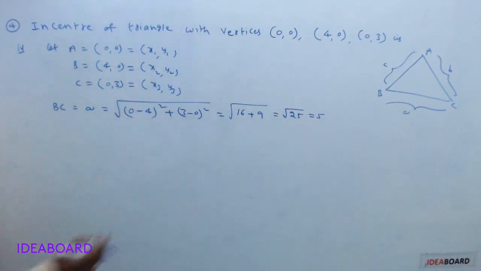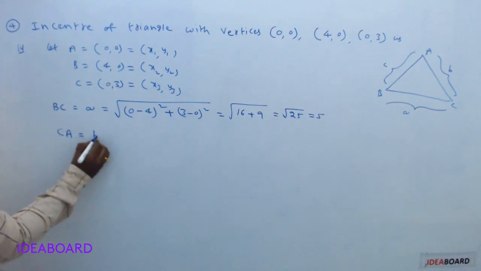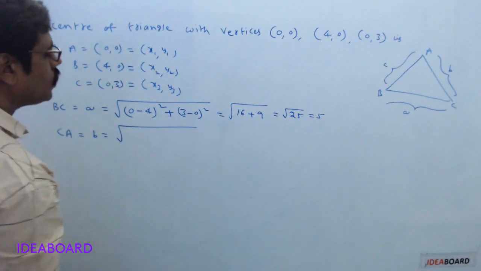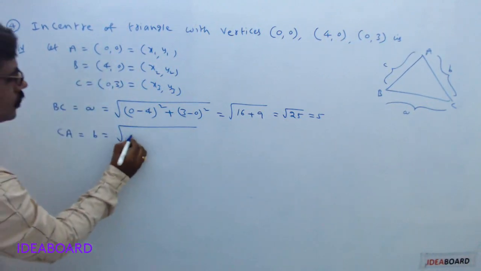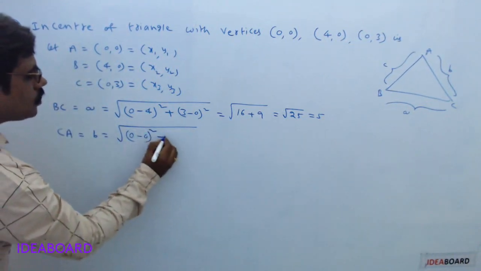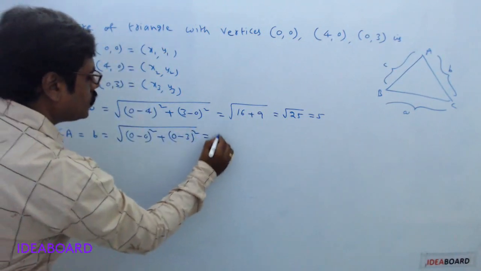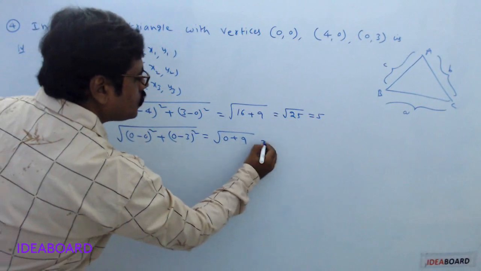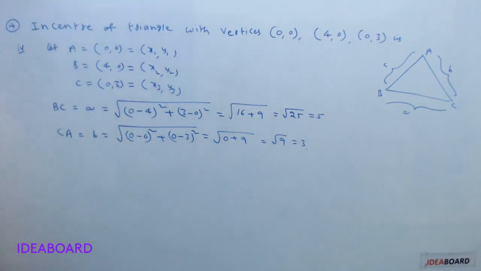Then calculate the length of the side CA. Now CA, which is b, equals the distance between the points C and A: (0 minus 0) whole square plus (0 minus 3) whole square. So square root of 0 plus 9, root 9, that is 3.